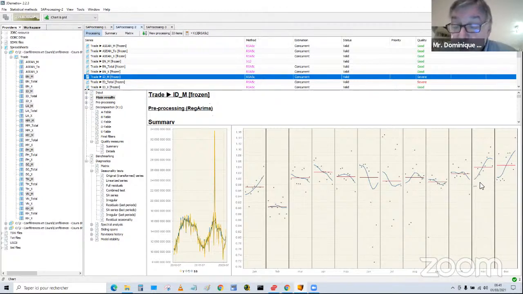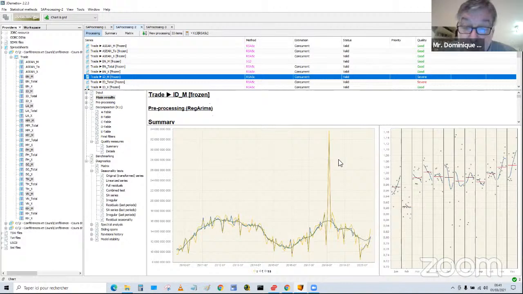So I do not see real wrong behavior of the filters. Perhaps here only. I could change it eventually, but I won't. So for me, this seasonal adjustment looks correct. I do not see any big problem. We know, unfortunately, that this value is wrong and we have to correct it.